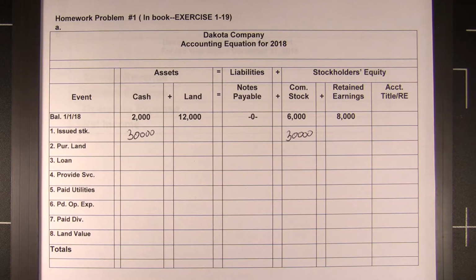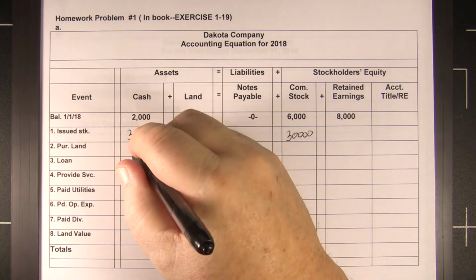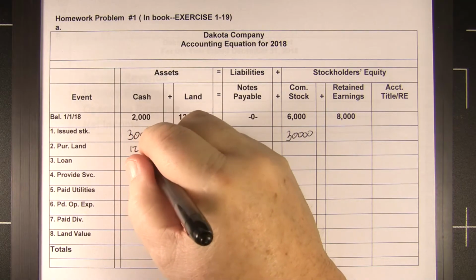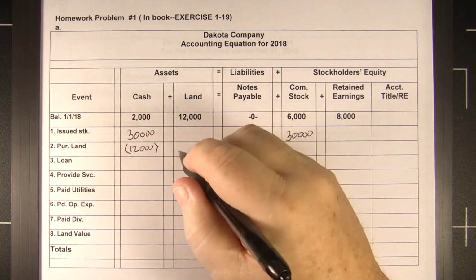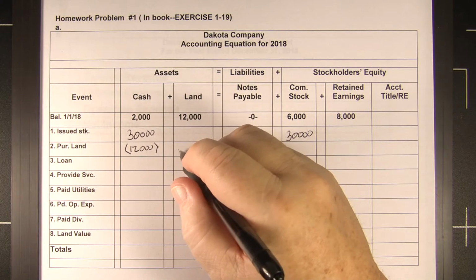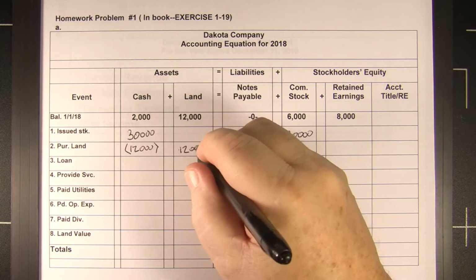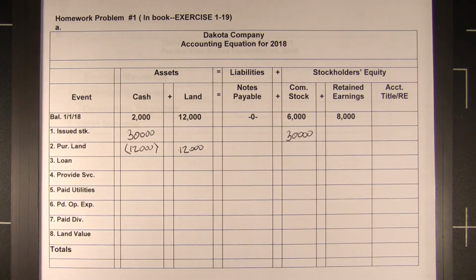Then they purchased some land, and remember, land is an asset, it's something of value. So our cash went down $12,000, but our asset land went up $12,000. None of the other accounts were affected.